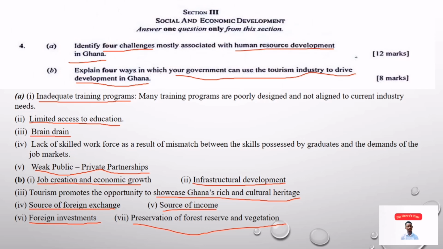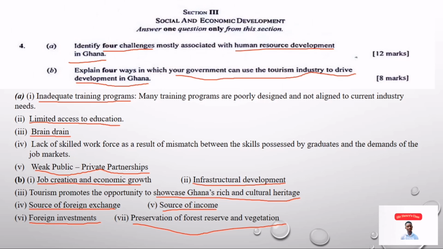Two is infrastructural development. It promotes the opportunity to showcase Ghana's rich cultural heritage. It also serves as a source of foreign exchange to boost the economy. Source of income through entry fees, hotel fees, and then taxes being paid.